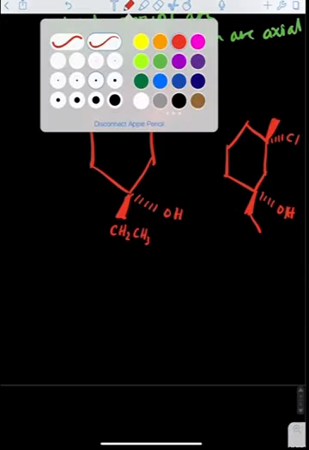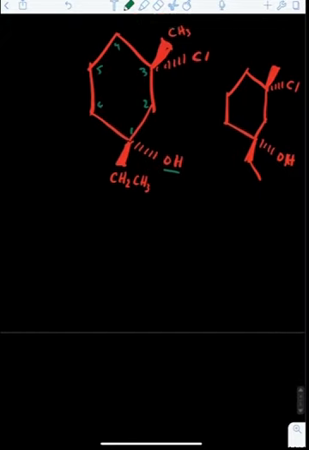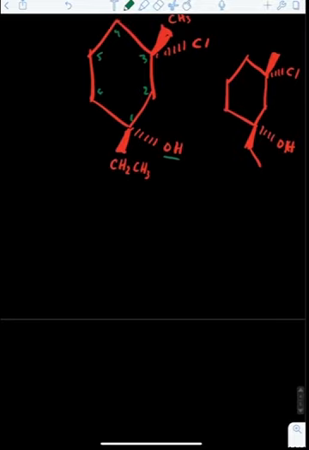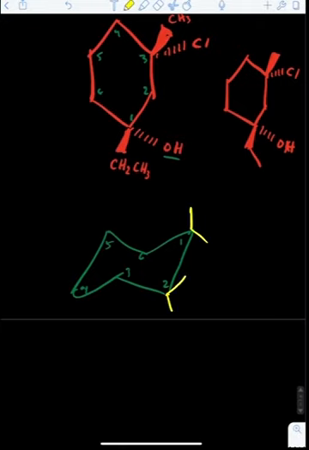Let's see. So just like before, I'm going to number these based on how I would name it. So again, alcohol is our parent. So 1, 2, 3, 4, 5, 6. One, 2, 3, 4, 5, 6. I'll go ahead and put in my placeholder bonds. All right.